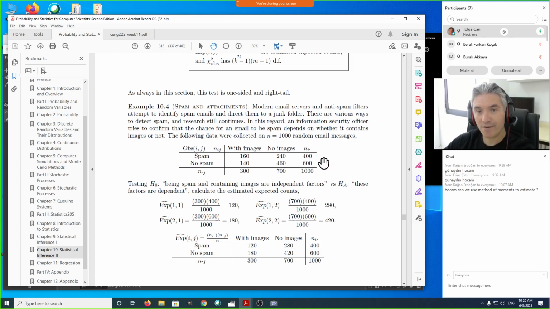These are our individual probabilities. Now, if they were independent, the probability to be spam and contain an image would be 0.3 times 0.4, which is 0.12. That 0.12 multiplied by 1,000 gives you 120.